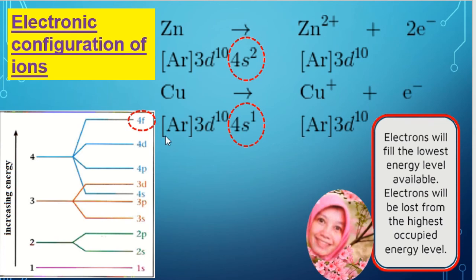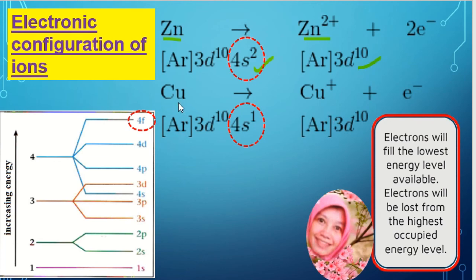Thus, in this example, we have zinc atom with electronic configuration of [Ar] 3d10 4s2. Zinc will lose its 2 electrons in its 4s orbital to form Zn2+ ion with electronic configuration of [Ar] 3d10.